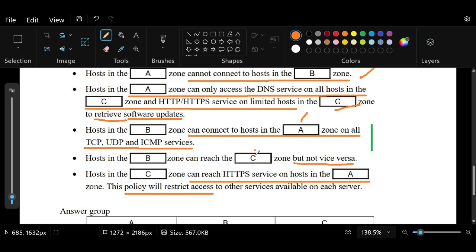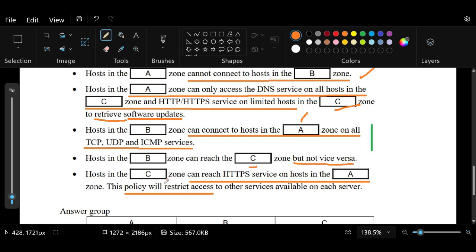In this case, it's the DMZ zone for letter A, and for C, it would be the public zone. Hosts in the public zone can reach HTTPS service on hosts in the DMZ zone, which is our correct answer. This policy will restrict access to other services available on each server.